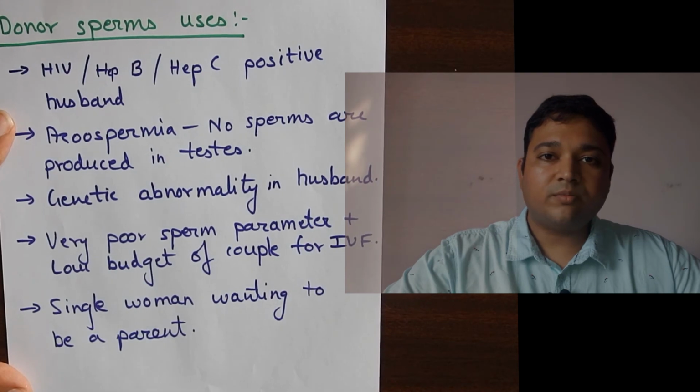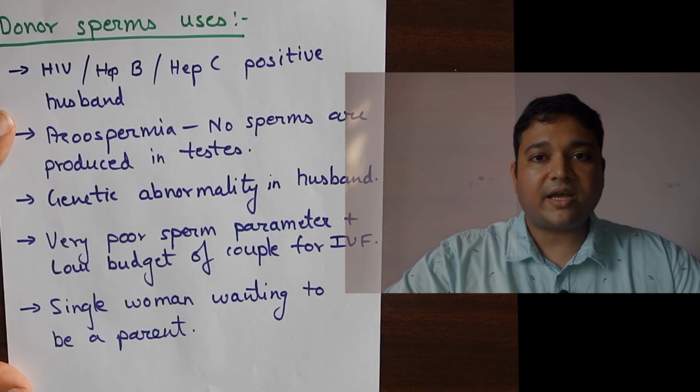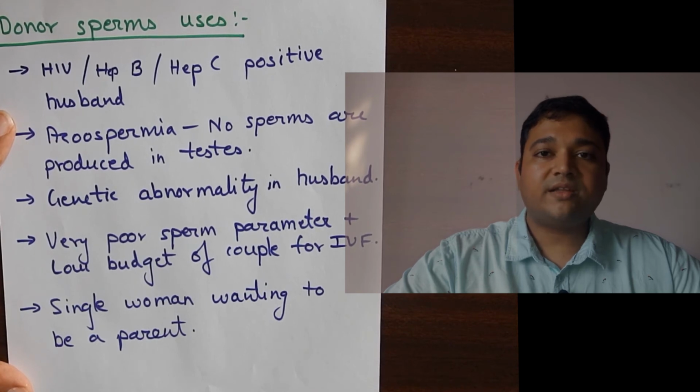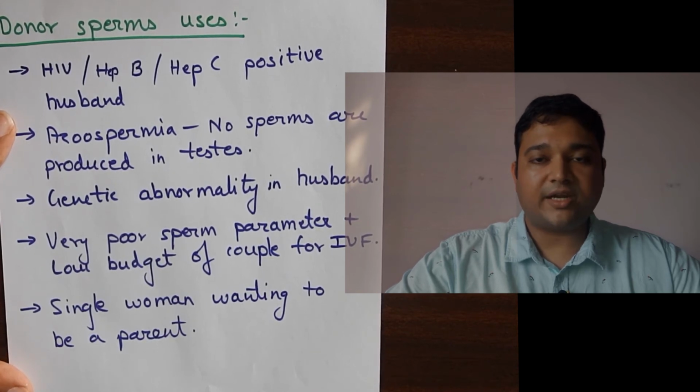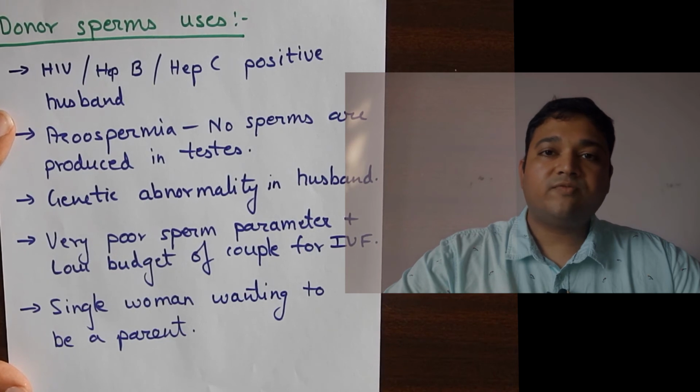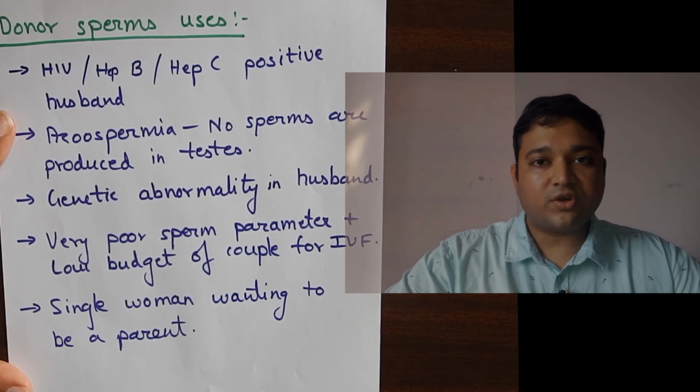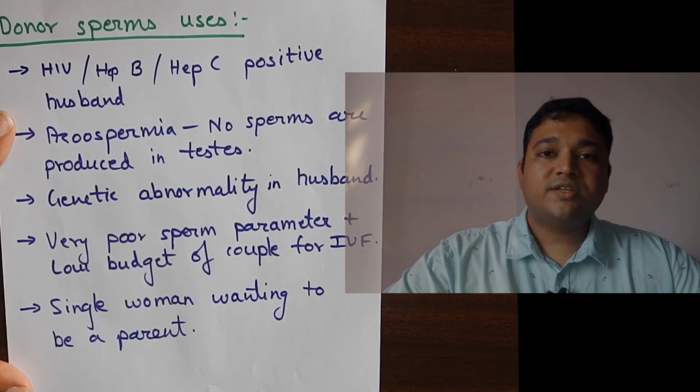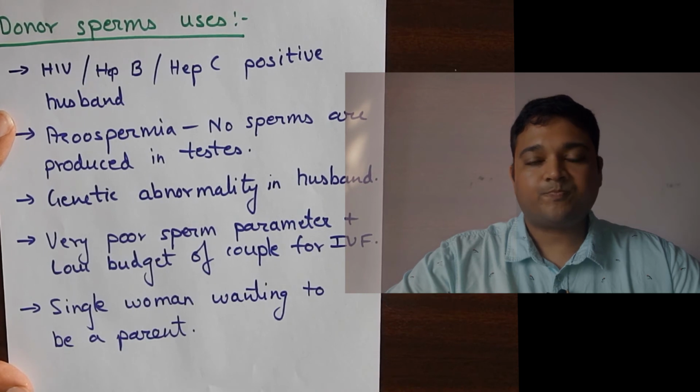This is a very common issue which is often dealt with in couples who require IVF for low sperm count and the budget is not good enough for that. Often IVF with ICSI is the treatment of choice in couples who have low sperm count. However, this costs somewhere close to 1.5 to 2 lakh Indian rupees.